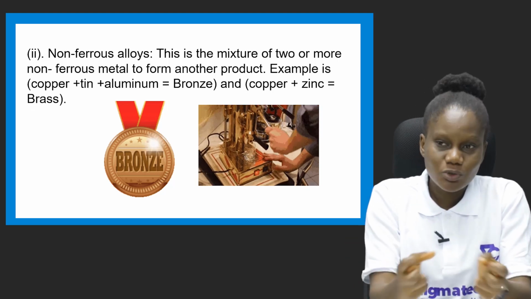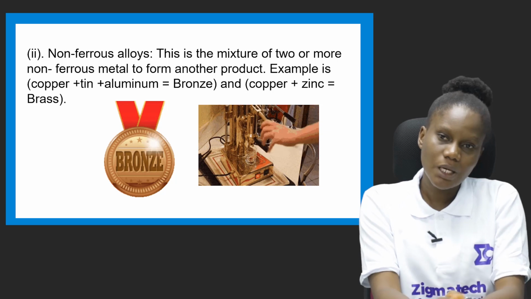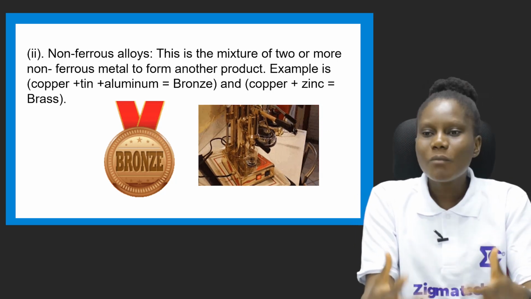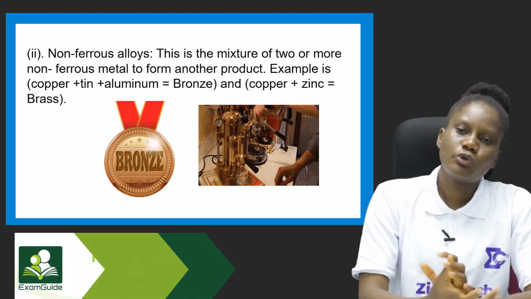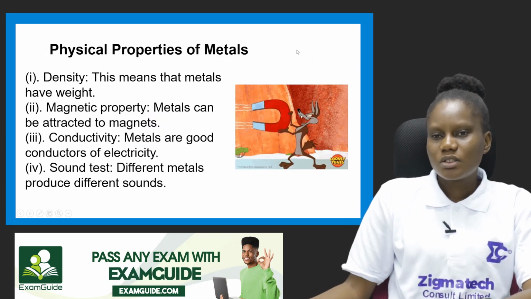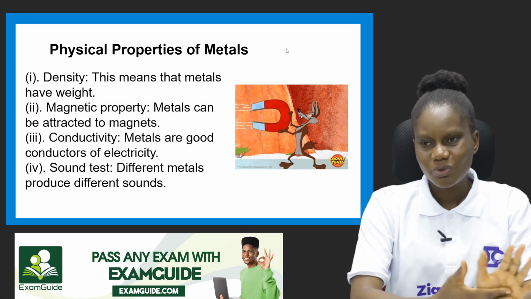When you mix two or more of them, you have your ferrous alloys. And non-ferrous alloys are when you mix two or more metals that do not contain iron. So we want to look at the physical properties of metals.